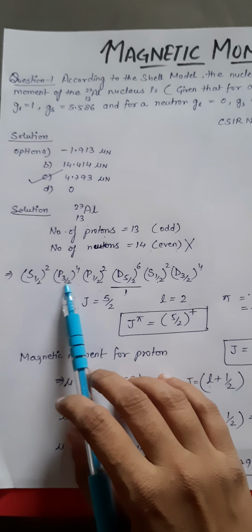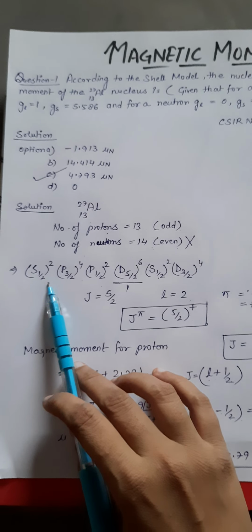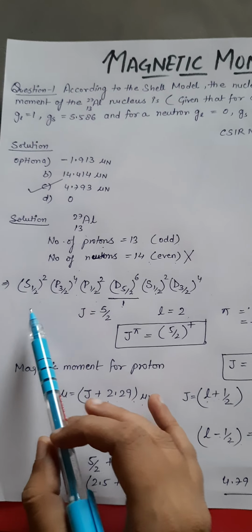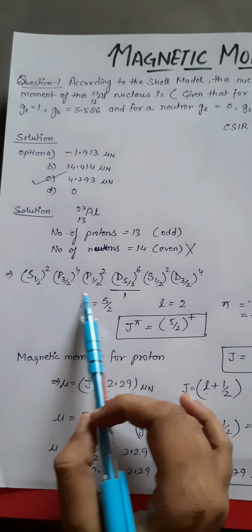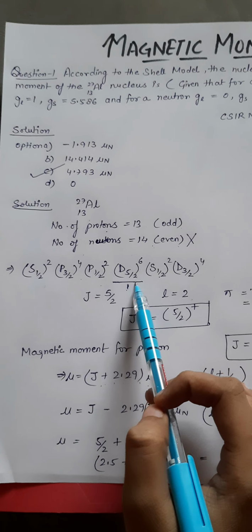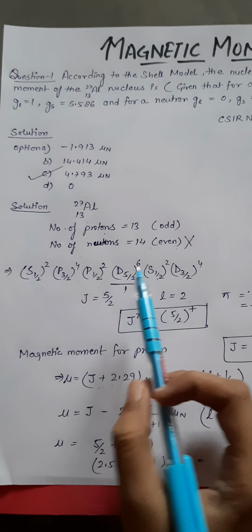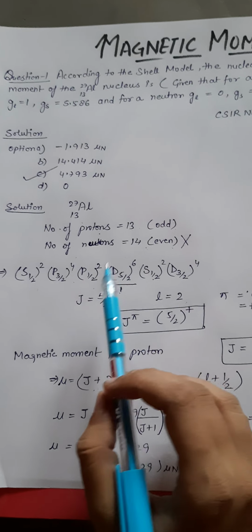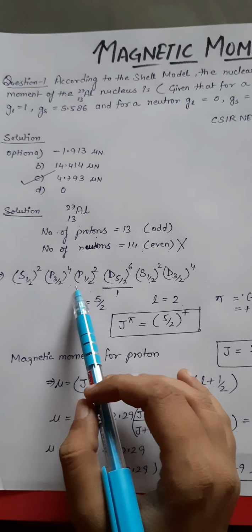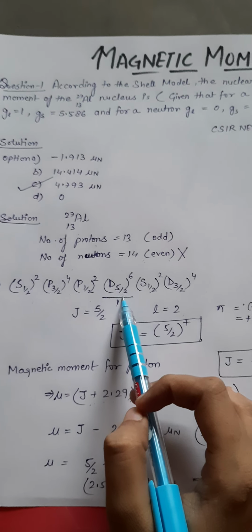Now it's time to write the nuclear configuration. I will make a separate video on how you can learn this nuclear configuration and how you can fill the protons or neutrons in it.